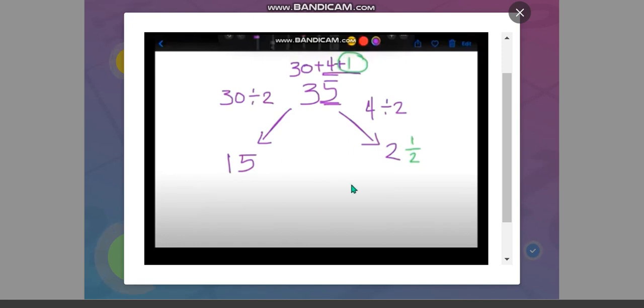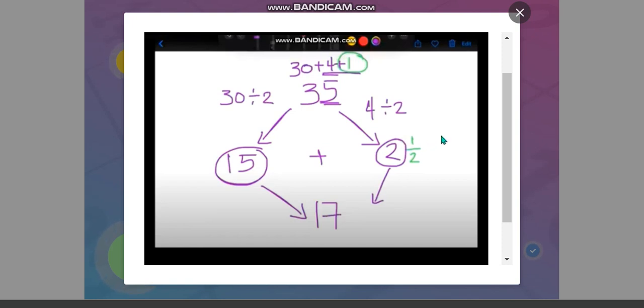Okay, now why did I say only 15 and 2? What will happen to this half here? So later you'll find out, when we write our final answer. So 15 plus 2, that would be equal to 17.